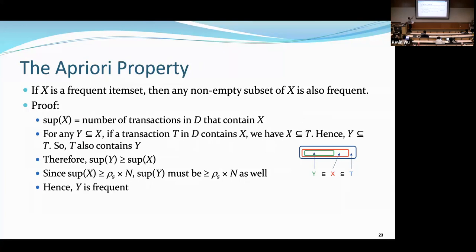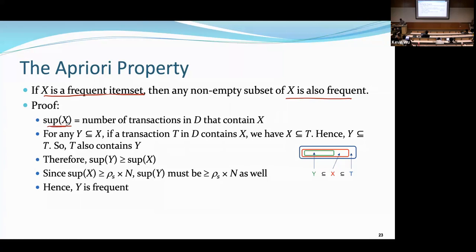Now, from the a priori property, what can we derive next? Well, first of all, let me give you a very simple proof that the a priori property is true. If X is a frequent item set, any non-empty subset of X has to be frequent. Here's the proof.